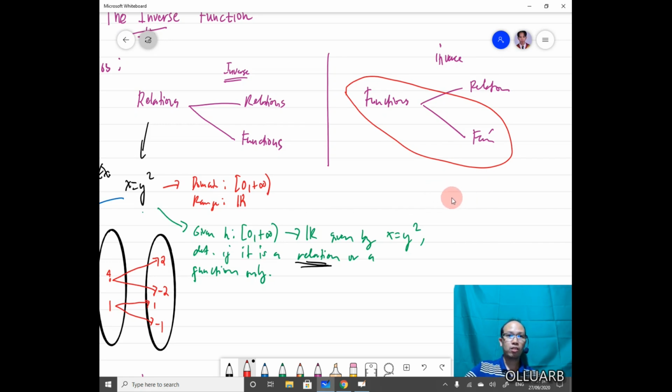That will be our goal of this topic, the inverse of a function.